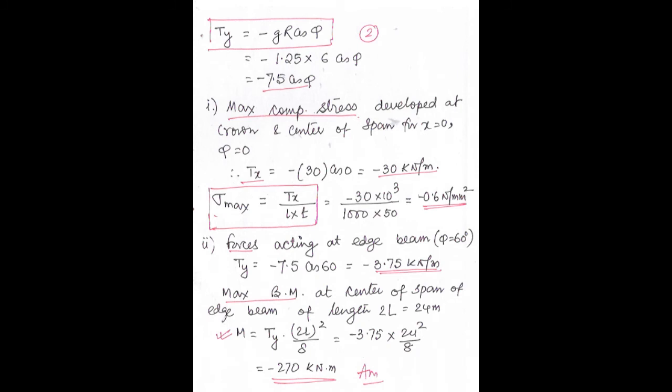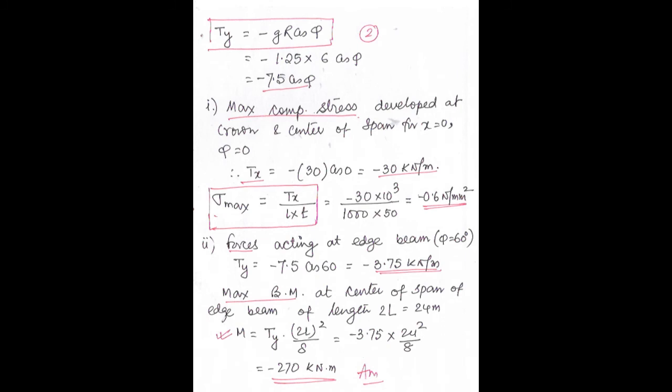So if you put x equal to 0 and phi equal to 0, from Tx you get minus 30 cos 0, that is minus 30 kilonewton per meter. So sigma max will be Tx by 1 into t. Tx is minus 30 into 10 cube divided by 1000 into 50, because the shell thickness is given as 50. So this gives us minus 0.6 Newton per mm square.